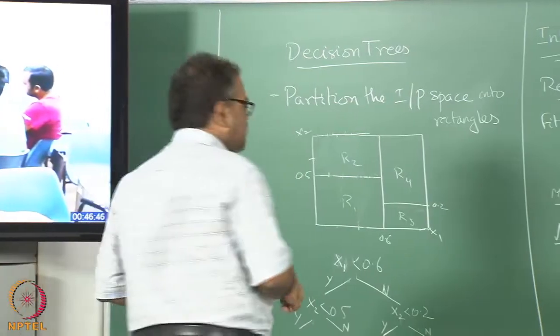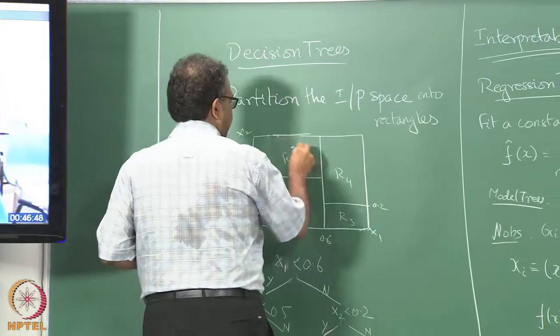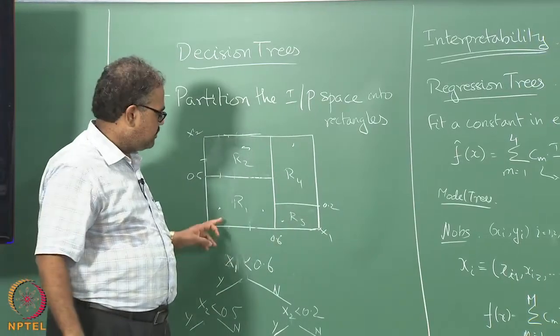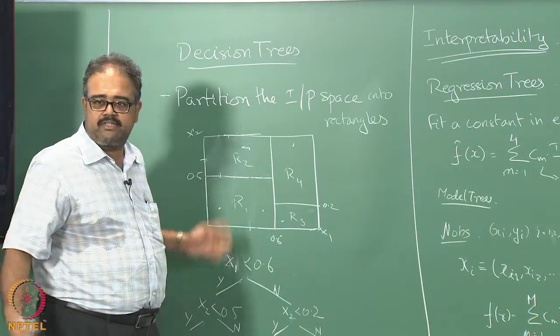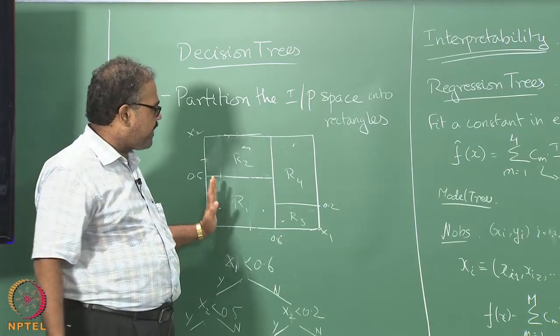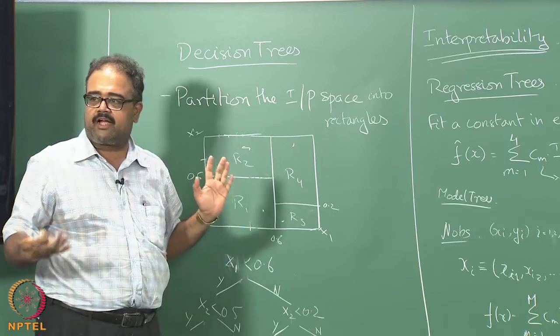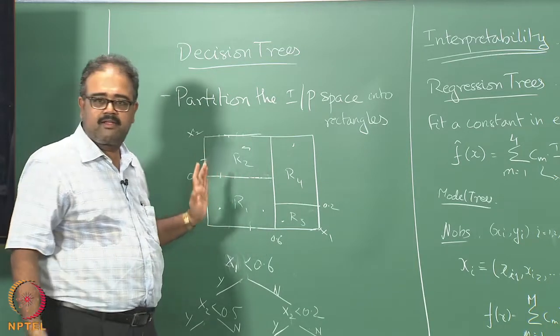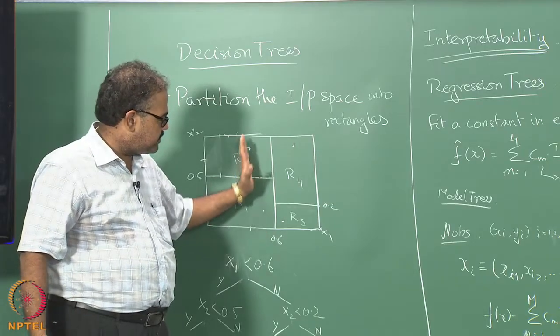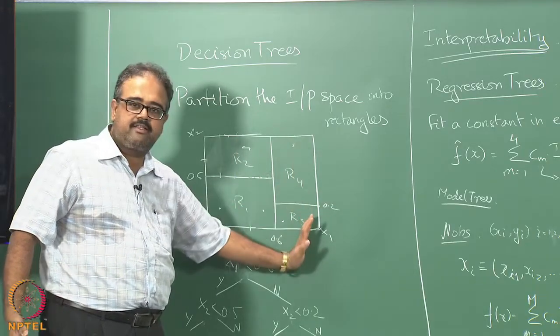Suppose I have data here, here, here and here, somewhere there. So now if you think about x1 as my splitting criterion, there are only 5 different values of x1 that actually occur in my training data. So there is x1 equal to this, this, this, this and this.